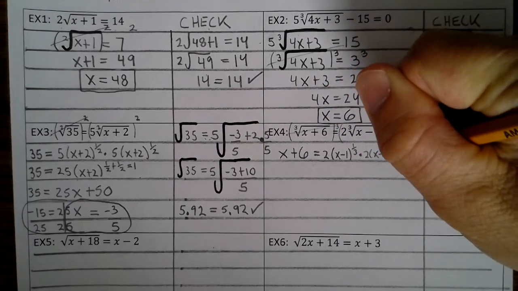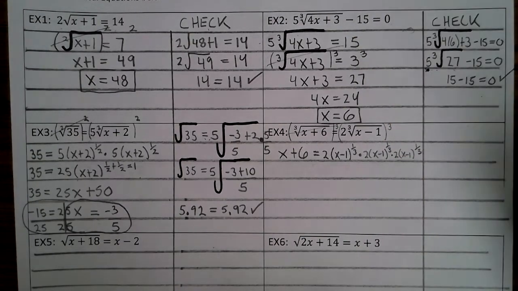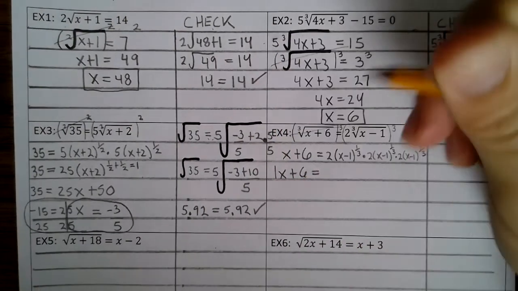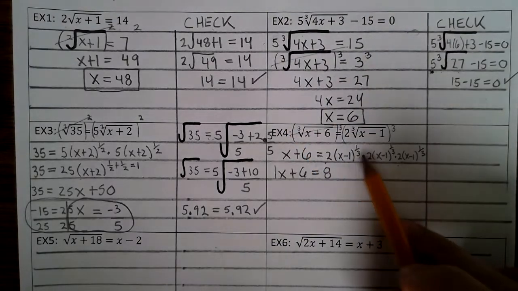So then you're left with 1x plus 6. 2 times 2 times 2 is 8. We know that 1/3 plus 1/3 plus 1/3 is 3/3. So that's x minus 1 to the 1 power. So it's just x minus 1.